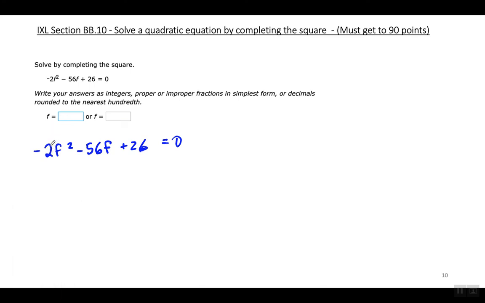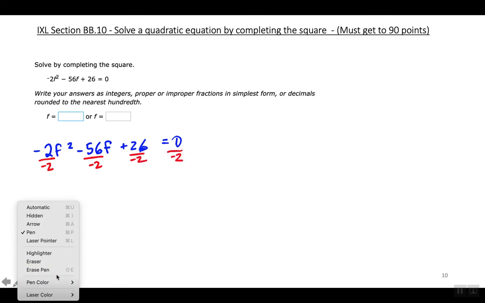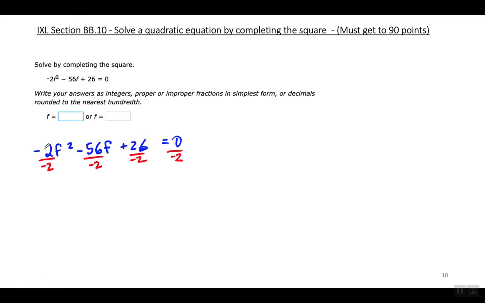That changes it to positive 1. So when I do that, my new quadratic expression is f squared plus 28f minus 13 equals 0.